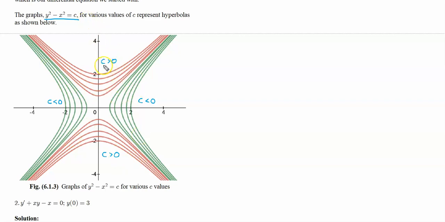So if c is positive, then notice if I tried to solve this for y as a function of x, we would get this. Okay, and then if we take the square root of both sides, we would get y of x equals, now we would have plus and minus the square root of c plus x squared.